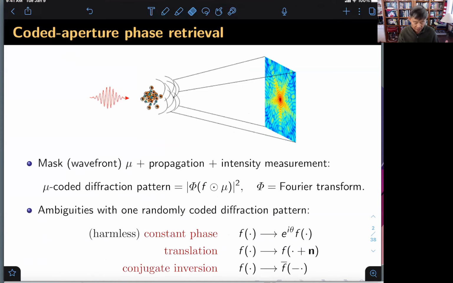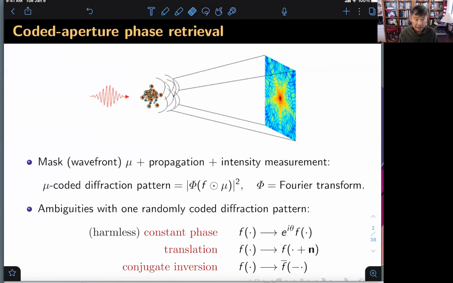Okay, so I'm going to start with, because ptychography is a form of coded aperture phase retrieval, let me review what has been done in this simpler and very important area. So phase retrieval, you have a wavefront.